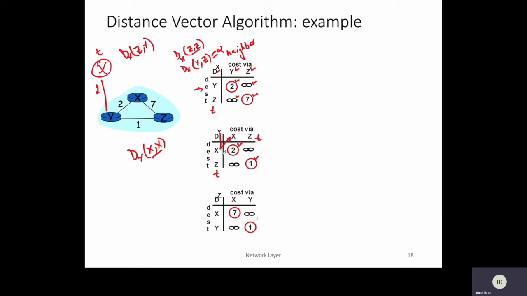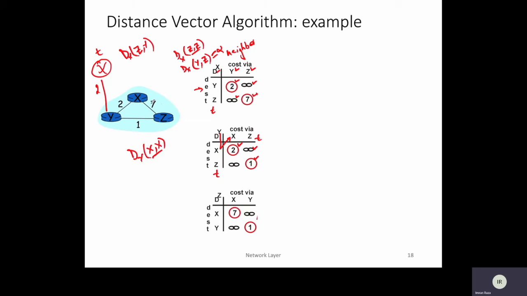And what's the cost to reach from Y to X via Z? Z has not communicated any information at the moment, so this cost is not known. So it's infinity. Similarly, the cost to reach from Y to Z via X is also infinity.